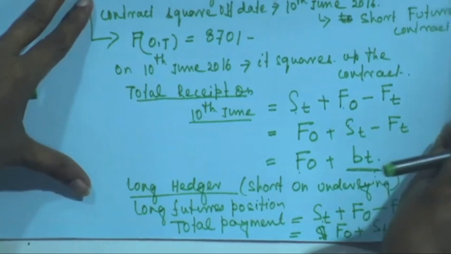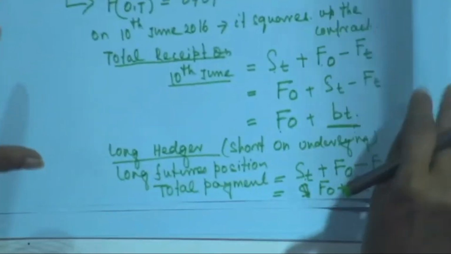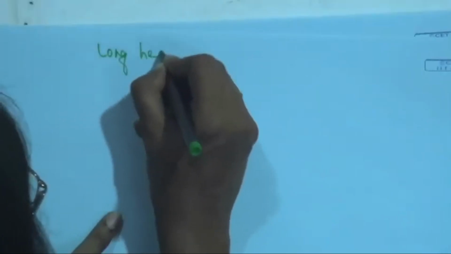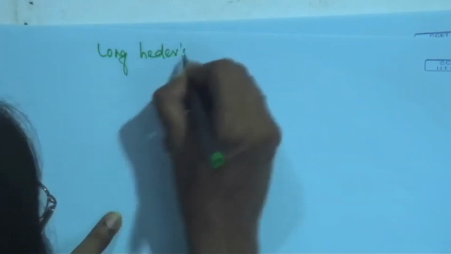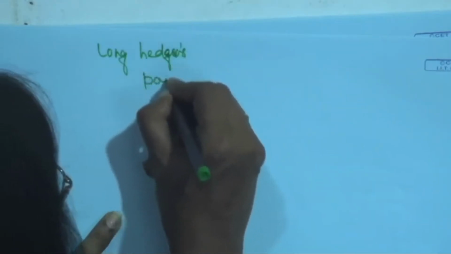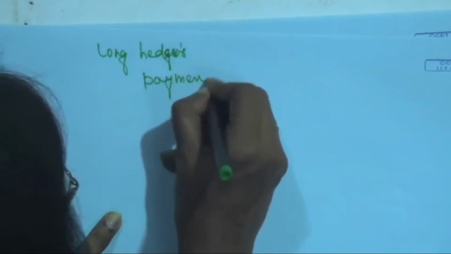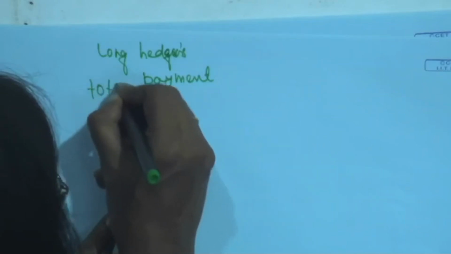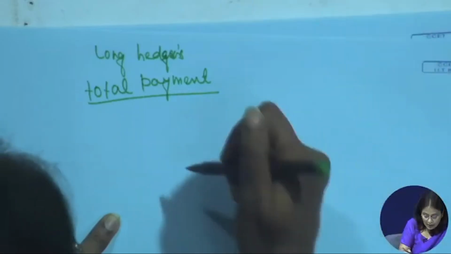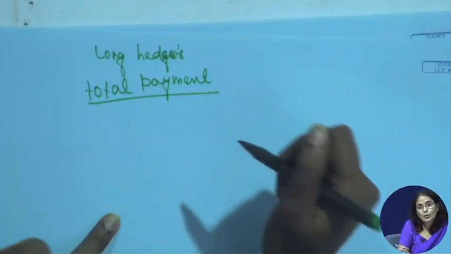Let me repeat here. The long hedger's total payment. Let me focus on the word total payment, because in the case of a short hedger it was total receipt, but in the case of a long hedger it is total payment.